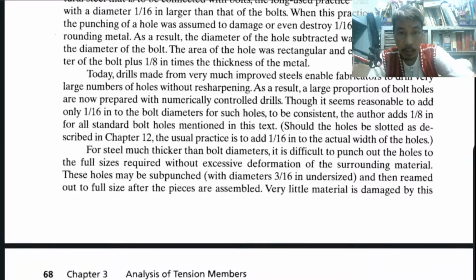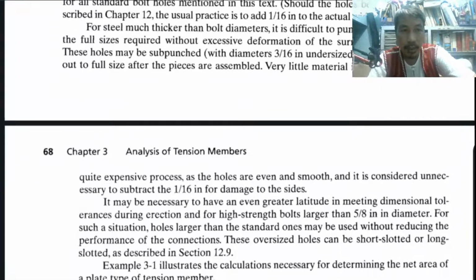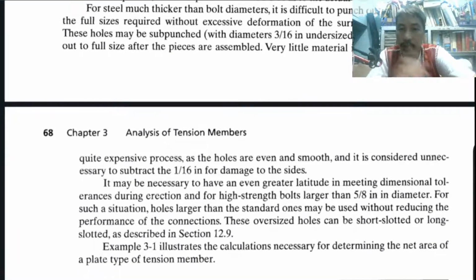So that is where it is being applied. For steel much thicker, meaning if the thickness of the plate is larger than the diameter of the bolt, we will use 3/16 undersized, but it will be reamed out to full size after the pieces are assembled.